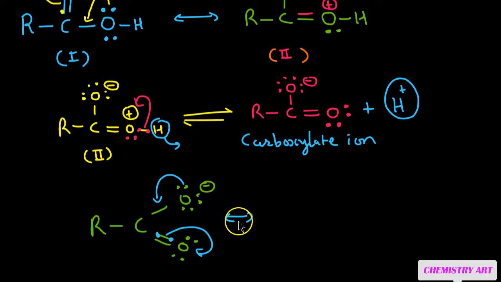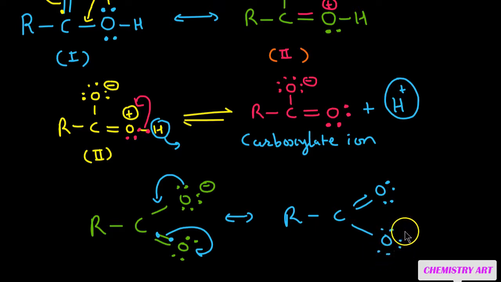This is how the electron transfer takes place, and this carboxylate ion is converted into another structure of the carboxylate ion, in which you can see the position of the double bond has changed. The position of the negative charge has changed over here.